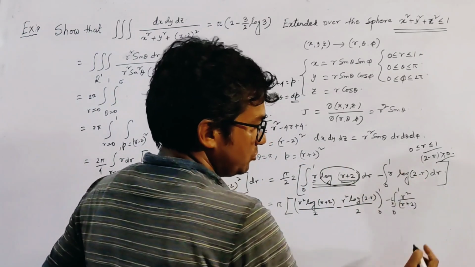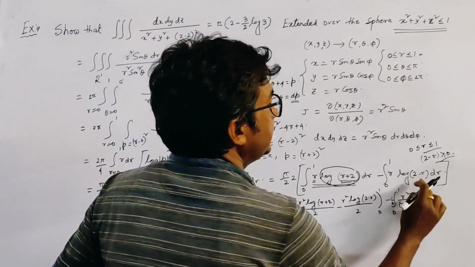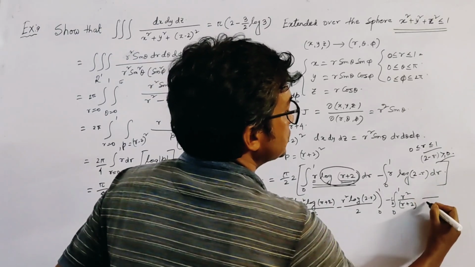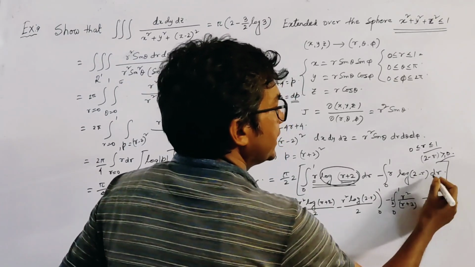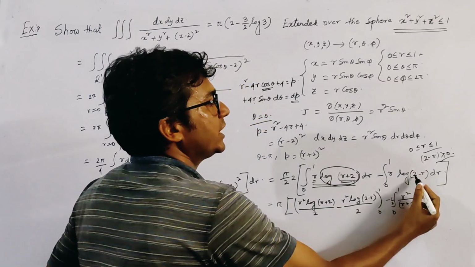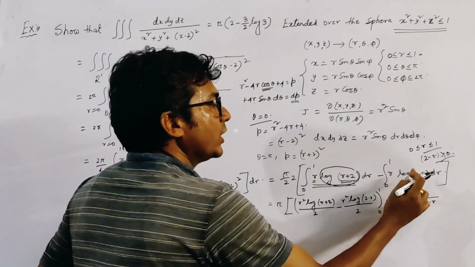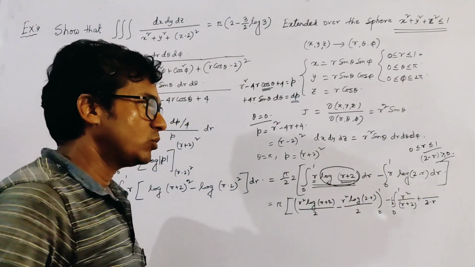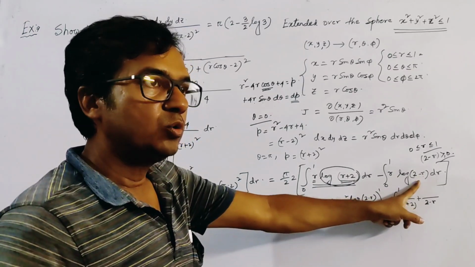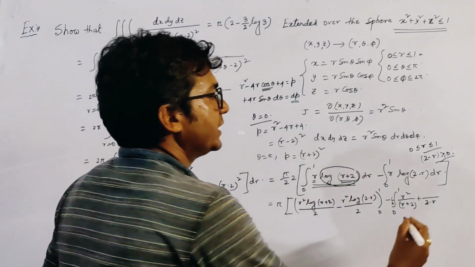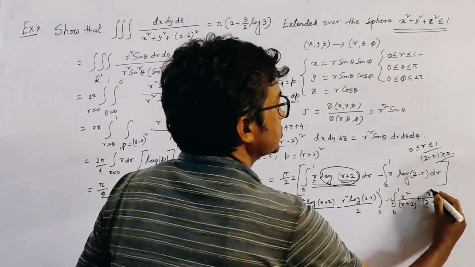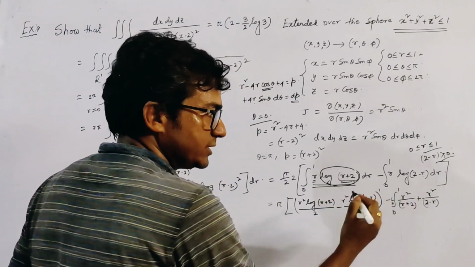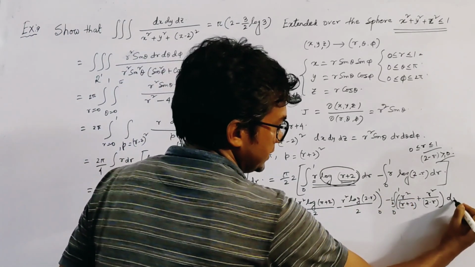In the second term we get the integration of the derivative of log(2 − r), but here is another negative sign because of 2 − r, so we get the positive sign because we get another negative sign for the rule of integration by parts. Okay, and the upper term is r square, and also we get a 2 in the lower portion, and this is dr.